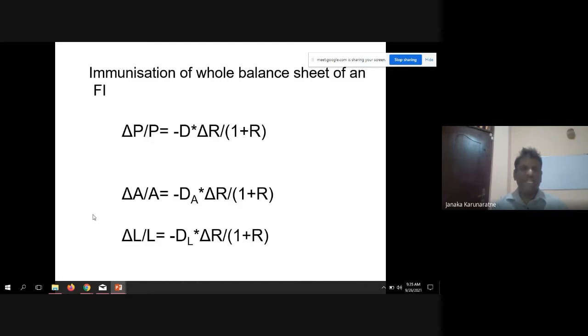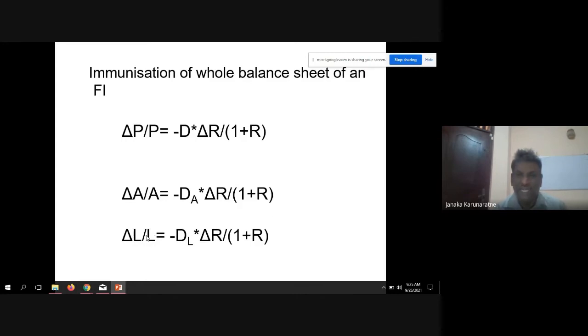Then similarly, we can modify it to any balance sheet change. The change in the value of assets in a balance sheet divided by the original value of assets equals minus DA. Now DA stands for duration of assets. Now I am modifying it to the entire balance sheet. Minus DA times delta R divided by 1 plus R, right?